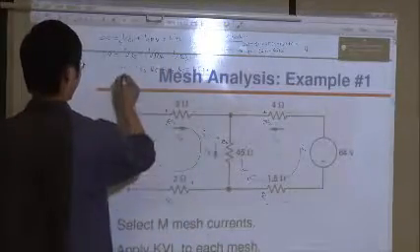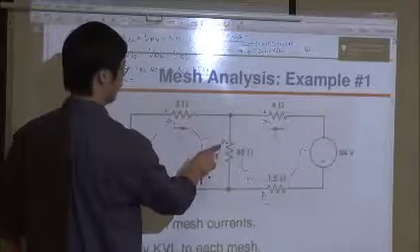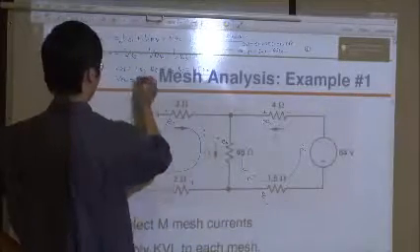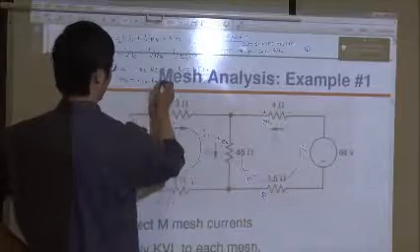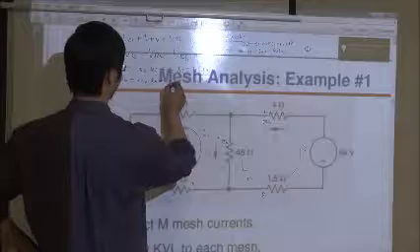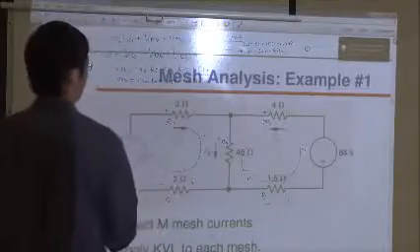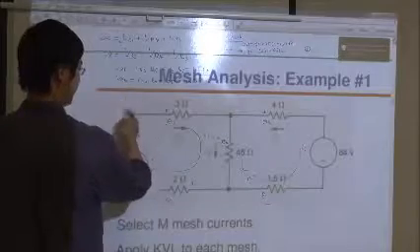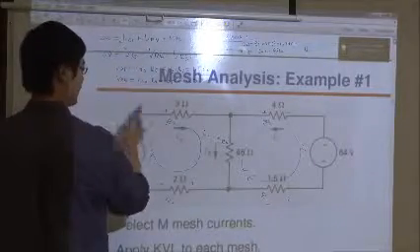Now VR4. We already calculated that previously, so that's IR4 times R4, which is 45 times I1 minus I2. Don't mess up the signs, be careful.